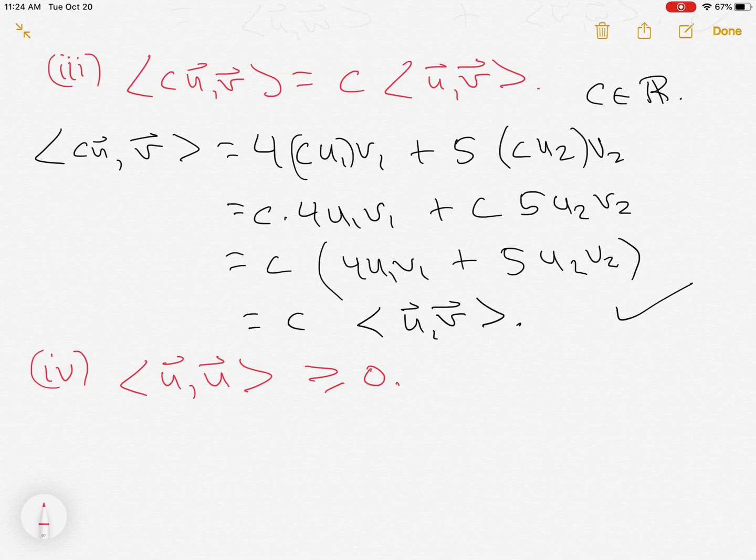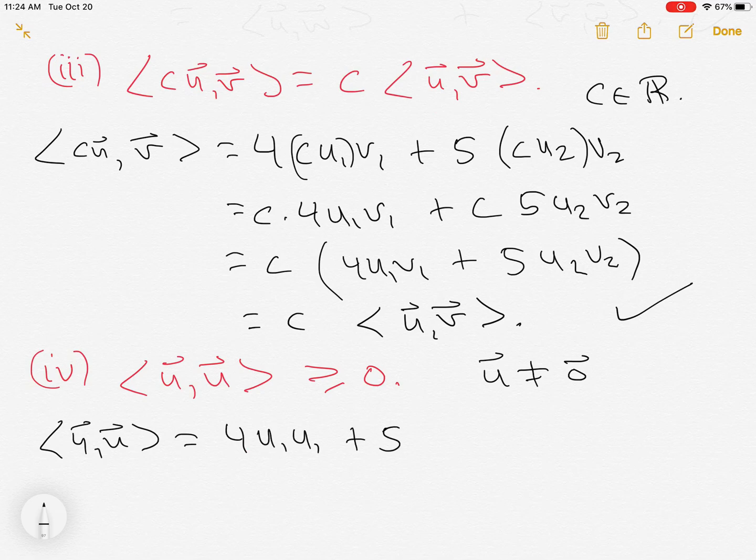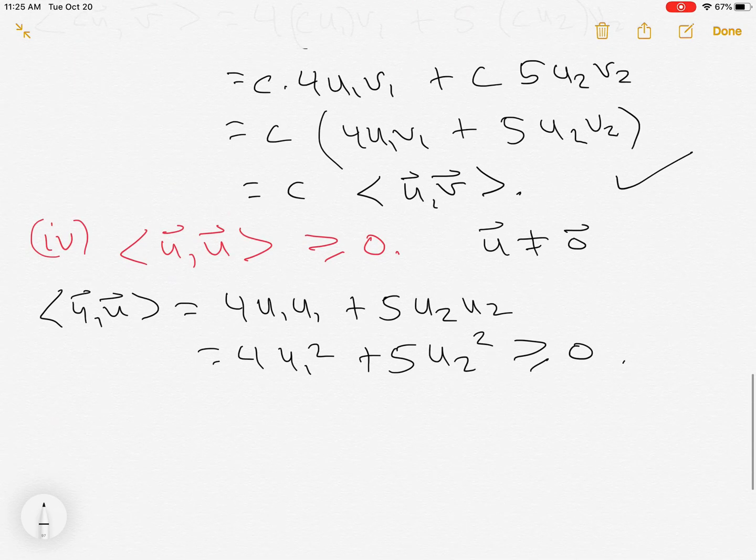All right, so we assume u is not the 0 vector. If it is, you just get 0 plus 0 equals 0. So, u dotted with u is 4u1 squared plus 5u2 squared, which is non-negative because these are real numbers, and 4, 5, u1 squared and u2 squared are all greater than or equal to 0.